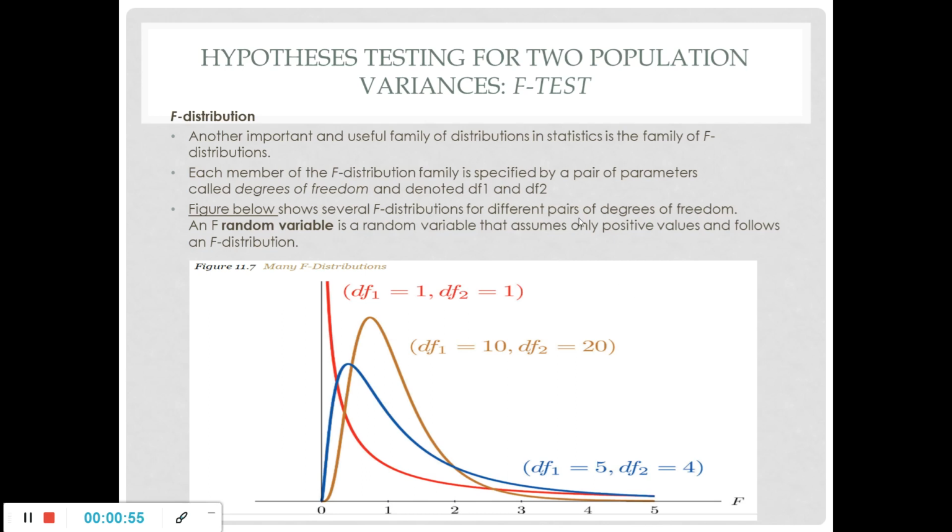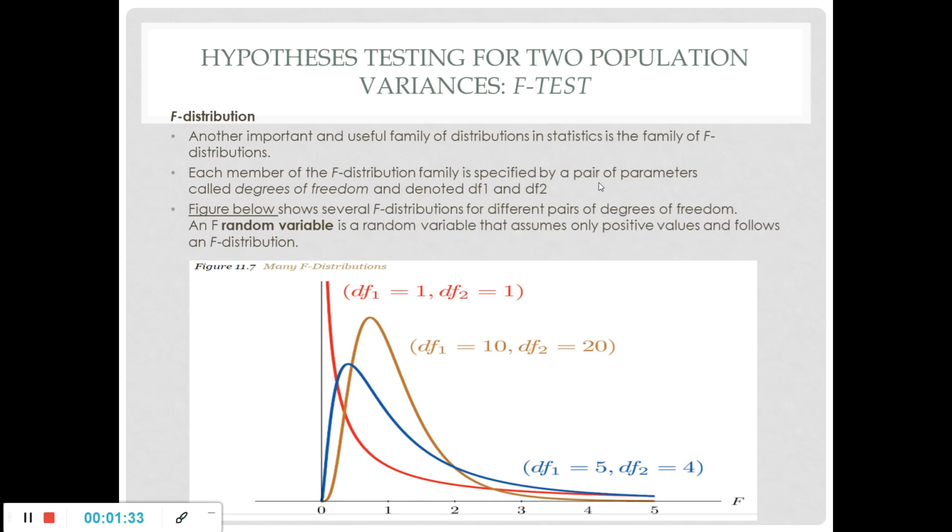So the F distribution, like the chi-square distribution, is also a family of distributions depending on the degrees of freedom. You have distributions with different shapes, so that's the reason it is called a family of distributions. In the same way that the chi-square random variable assumes only positive values, the F random variable also assumes only positive values.